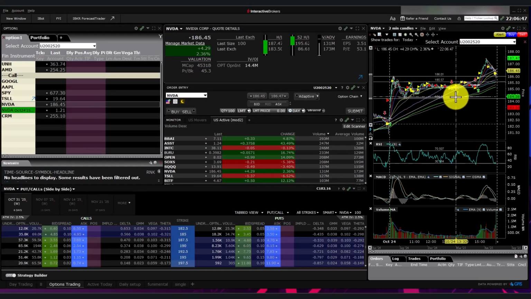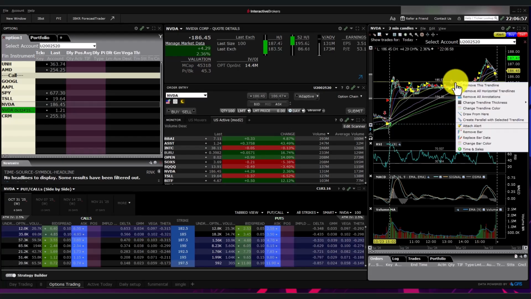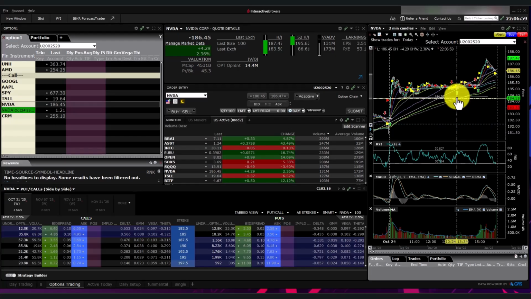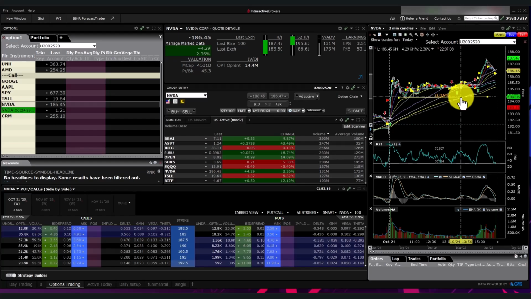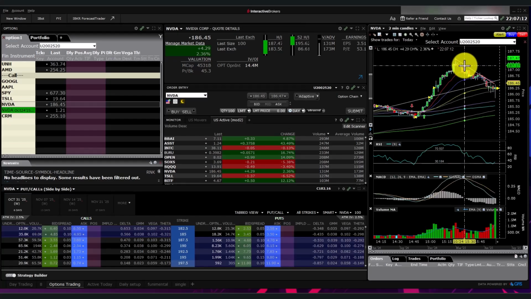So what we see in this chart is the area of interest. What I mean by that? The areas of interest are where the buyers and sellers come together, or they believe they should come together.